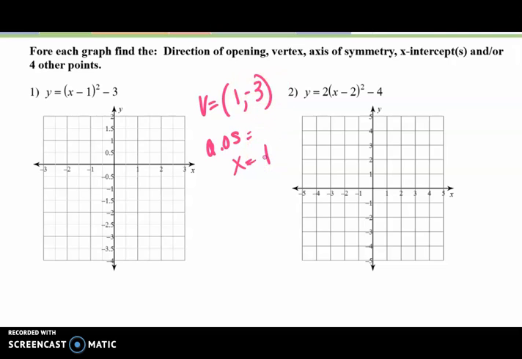And where does this graph open, up or down? We check whatever number is in front of the 1, which means open up, okay? And it's going to be your standard. So it's not wide or it's not narrow. It's standard. So if I have this -3 dot, I know there, which means it's on the right.